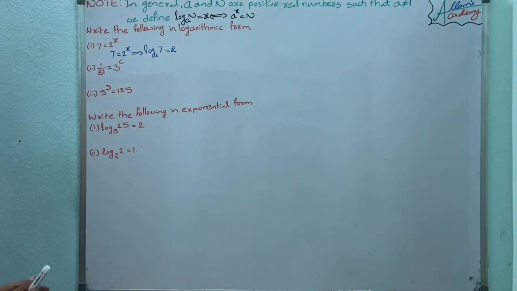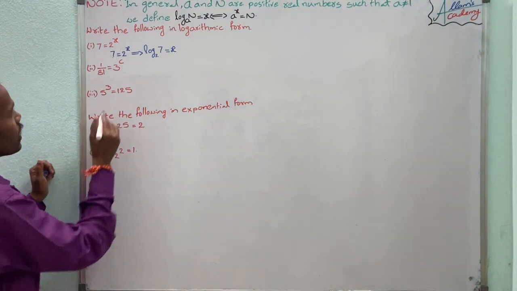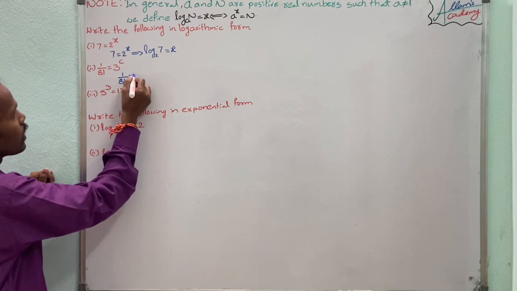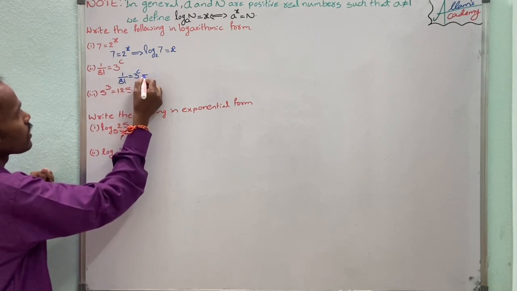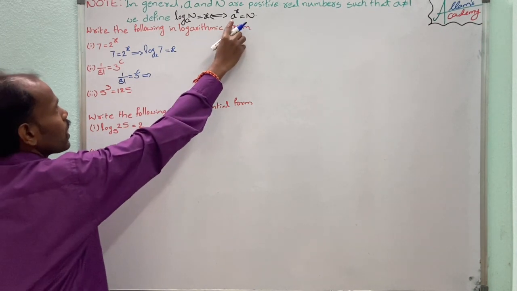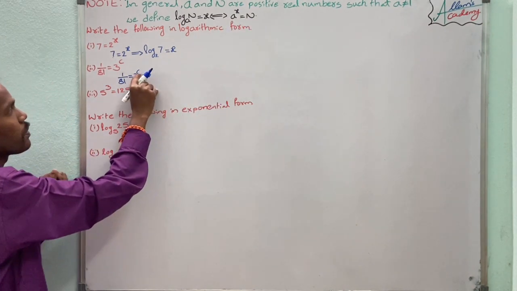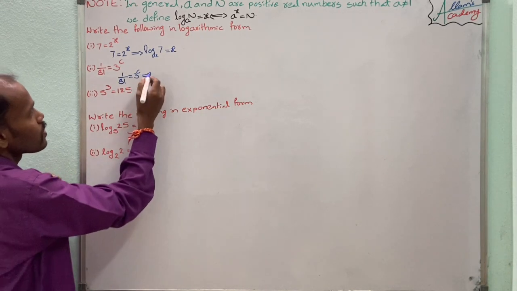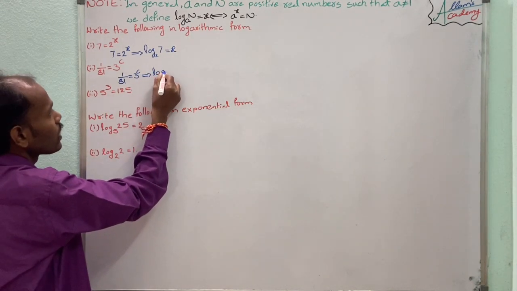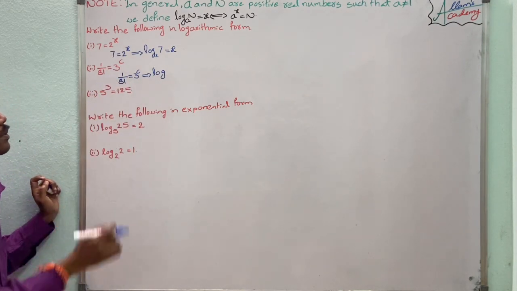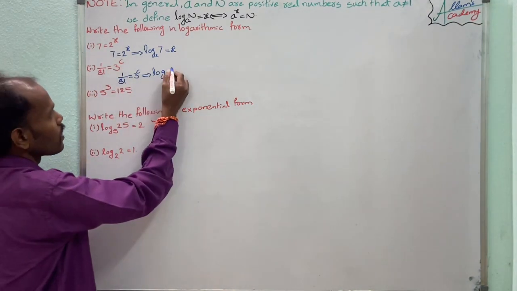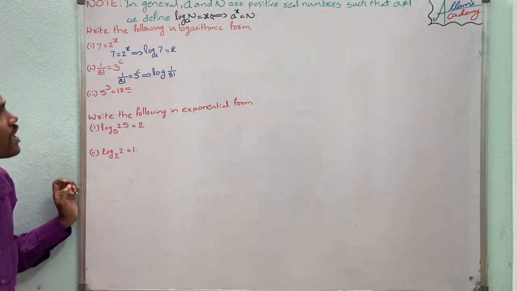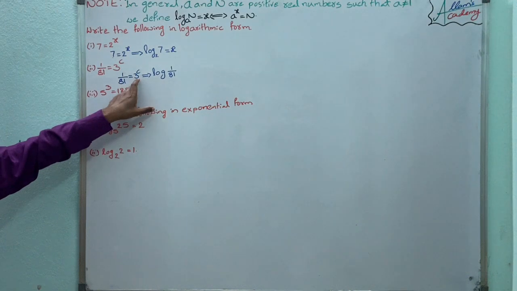Now in the same manner, the second one is 1 by 81 equal to 3 power c, which is of the form a power x equal to n. Here 3 power c equal to 1 by 81. So log, and the result is 1 by 81, so log 1 by 81, and the base of the exponent is 3.